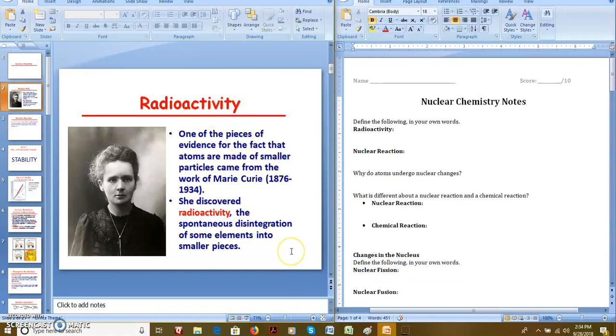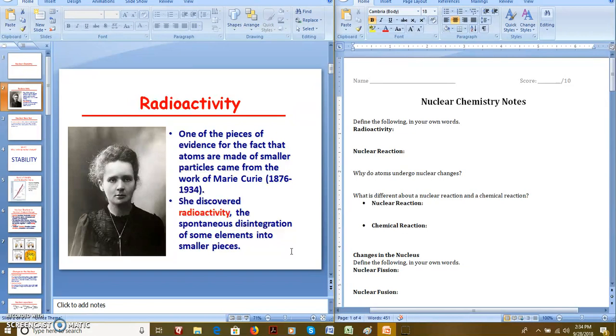Radioactivity is the spontaneous disintegration of some elements into smaller pieces. Go ahead and write that down. What this means is elements will break apart into smaller versions of themselves. You guys have heard of this in the opposite direction.